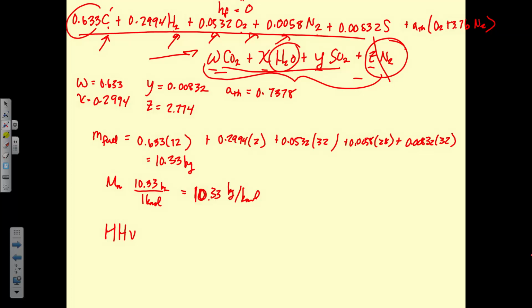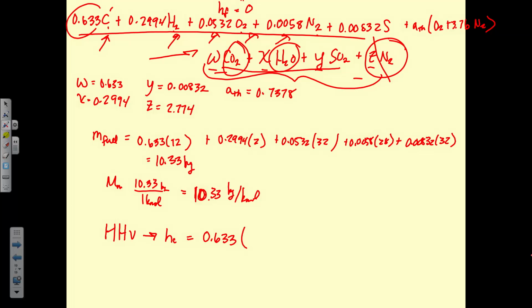Okay, so the higher heating value is going to be, if we look at H sub C, 0.633 kilomoles times the enthalpy of formation for CO2.